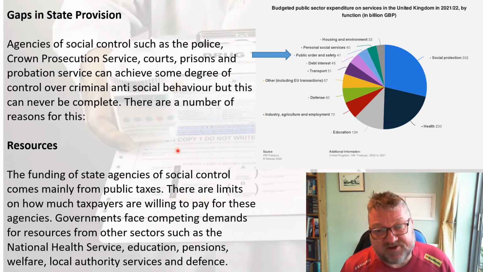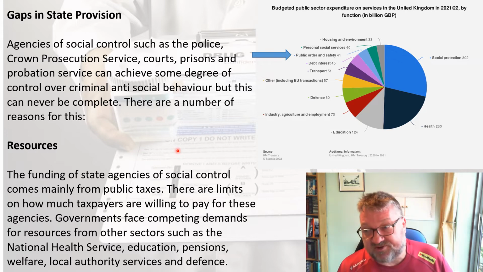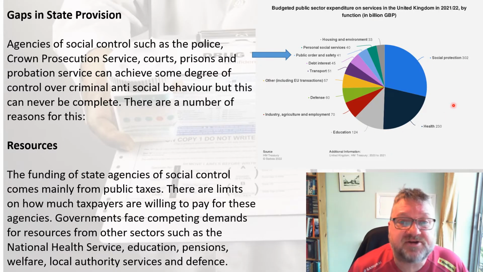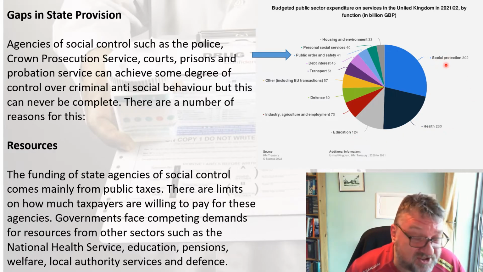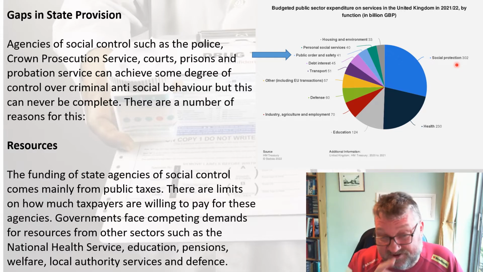And of course, government is facing competing demands for resources from other sectors such as the National Health Service, education, pensions, welfare, local authority, defence, whatever. I dug this pie chart out, and this is the budgeted public sector expenditure on services in the UK for the 2021-22 year. And you can see the numbers here are in billions. So education is going to get 124 billion, health 230. Social protection is not anything to do with crime and punishment.